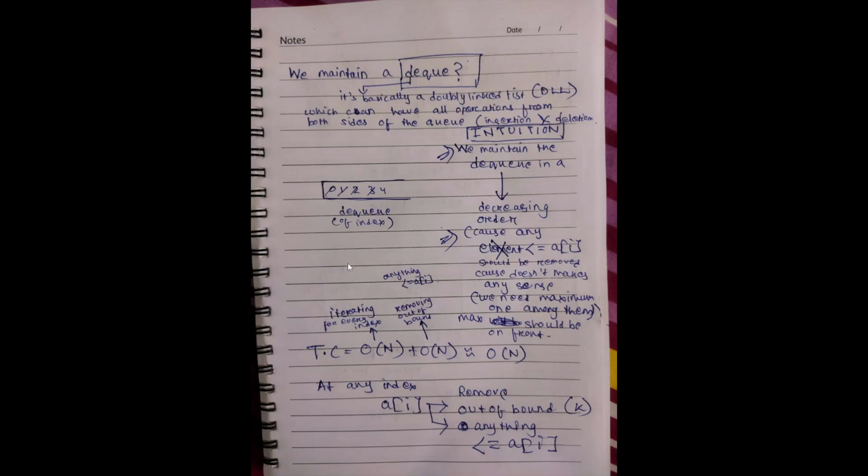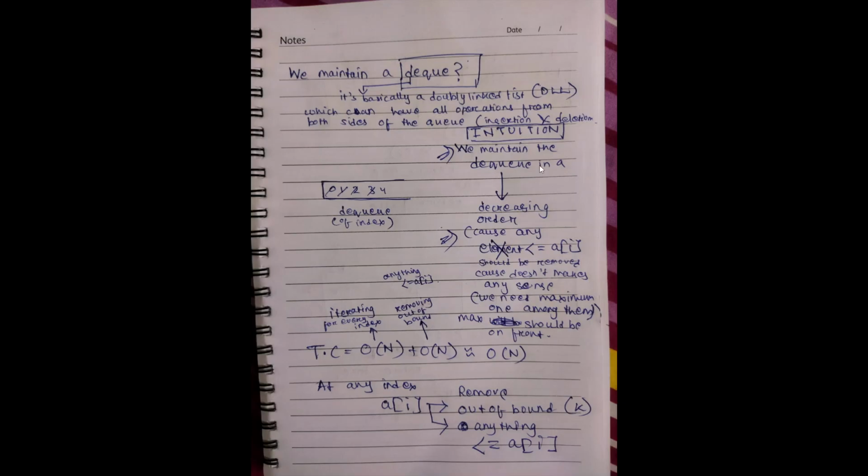Here is the written intuition. First we maintain a DQ, as I already told. The intuition is we maintain the DQ in decreasing order, so that the front of the DQ will always have the maximum value. That will be our answer for every window we traverse.